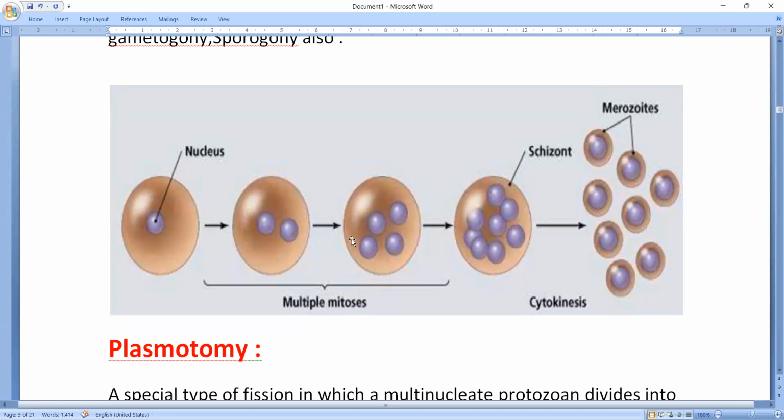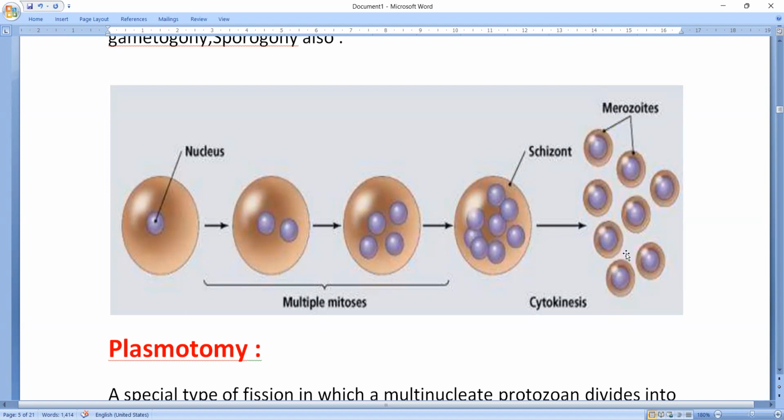Each daughter nucleus acquires some amount of cytoplasm, and each such cytoplasm-containing nucleus synthesizes its own plasma membrane. In that way, from a single organism, many daughter organisms are formed.